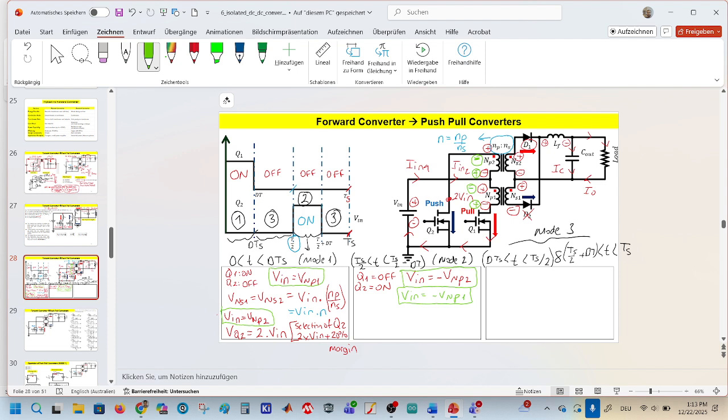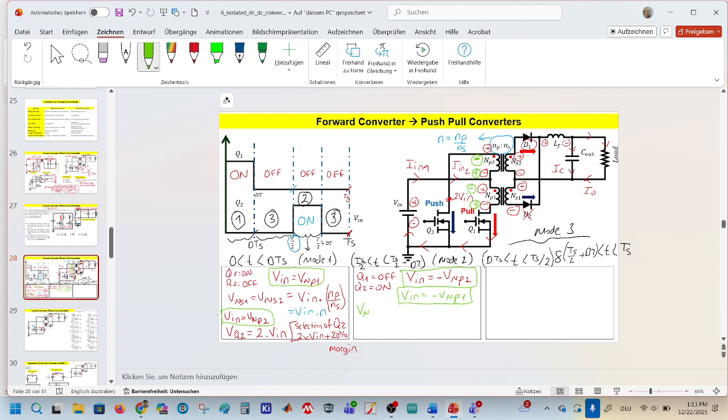On the secondary side, again, the direction of the flux changes, and the polarity on the secondary side also changes.